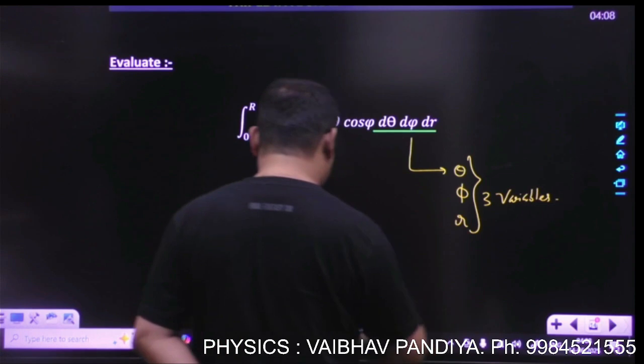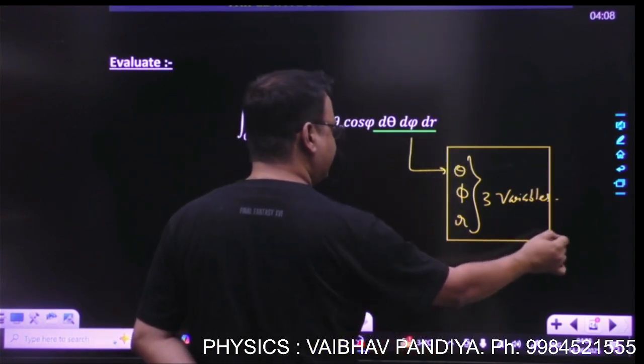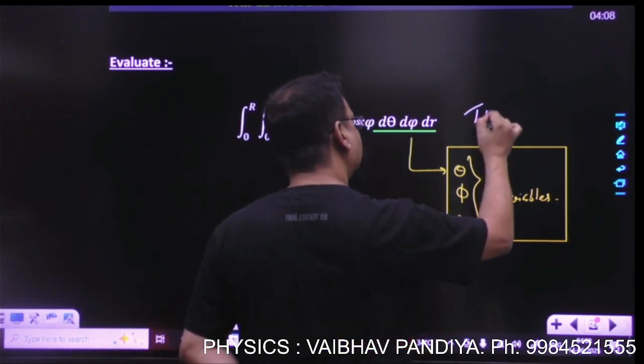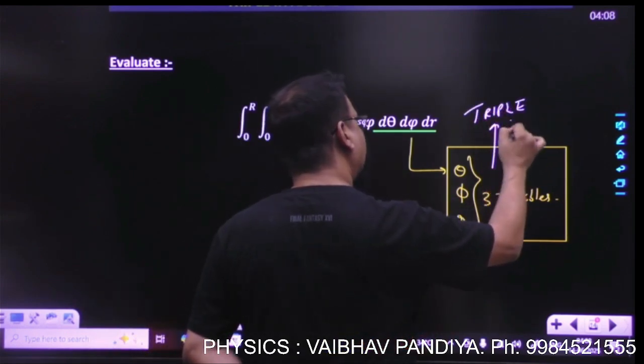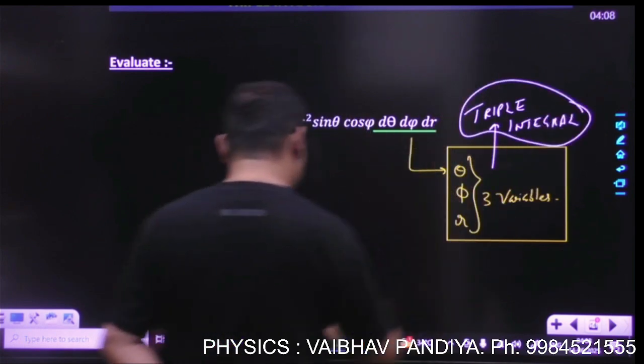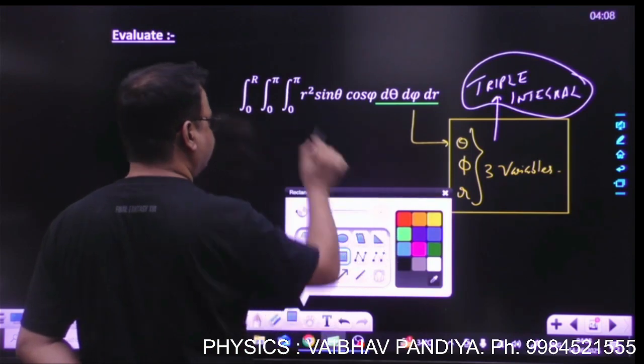We have three d's, d theta, d phi and dr, which suggests that it is a triple integral.